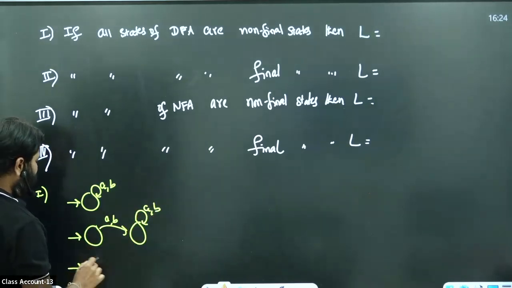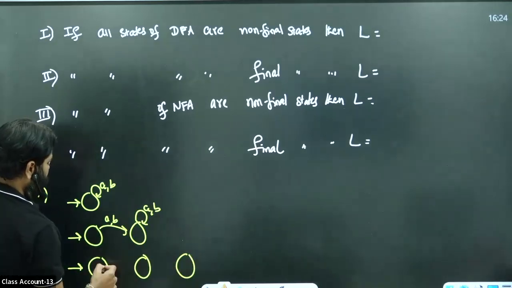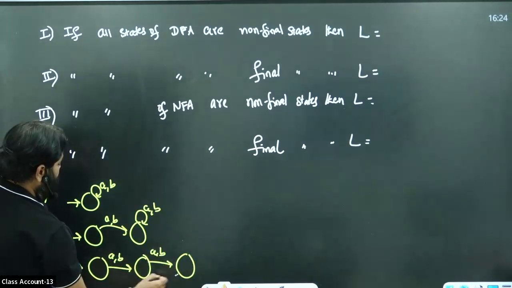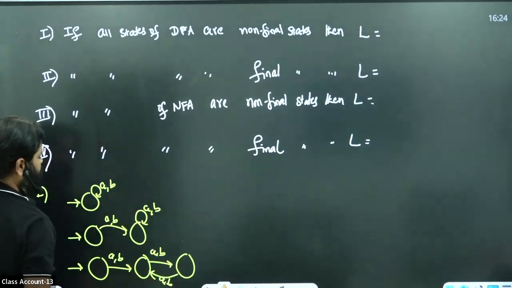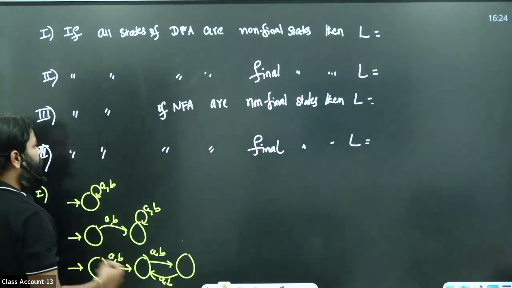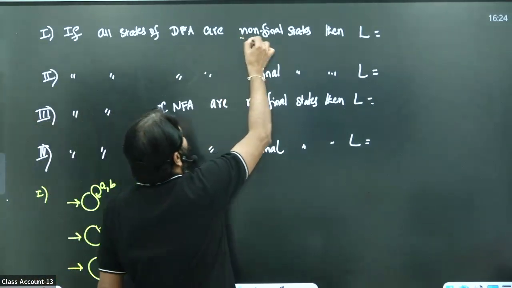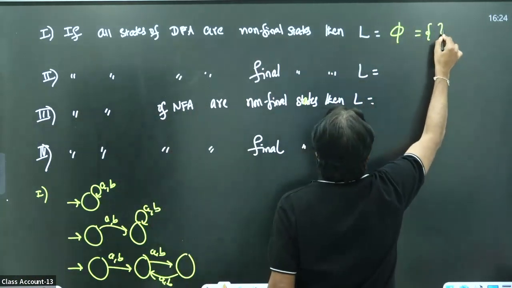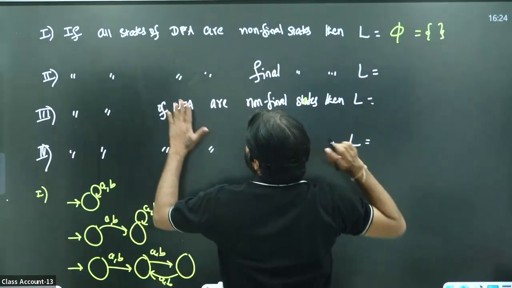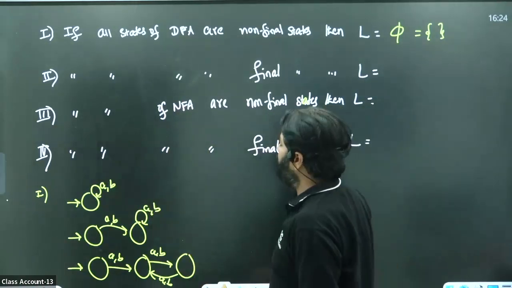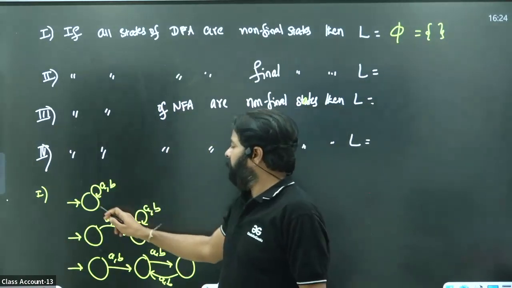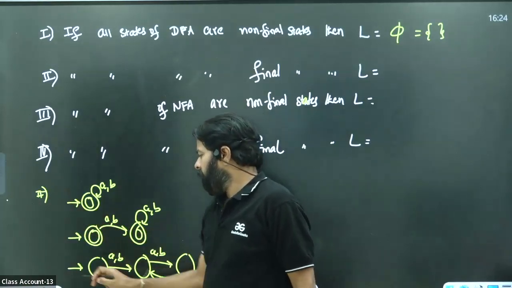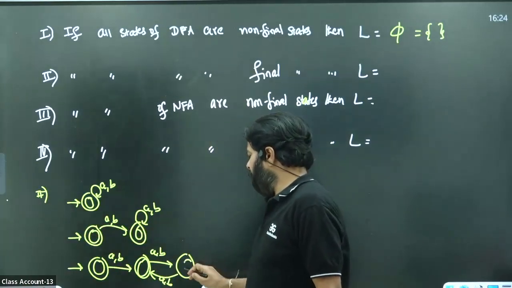You look at all our DFAs. Every state is non-final, then the language accepted is pi, empty. And if all states are finals, let's say this is final and these are also final, second point, it's also final, then for every string, what will you do?